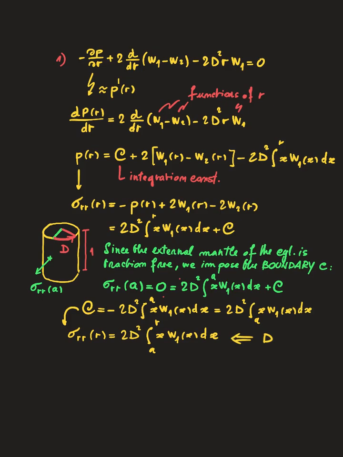Likewise, from the same expressions I gave you initially, you can compute all the other components of the stress. So you can compute the sigma R theta, you can compute the sigma ZZ, and all these quantities. You just have to plug in these expressions.